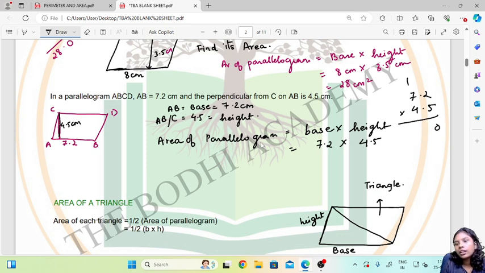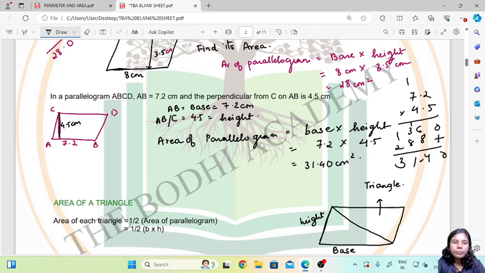So we get 2 decimals. So the area is how much? 32.40 centimeter square. So if a statement is given, then we need to construct the parallelogram.